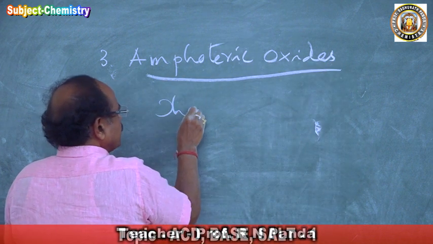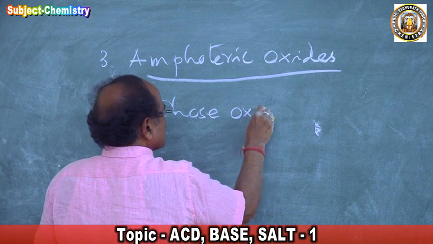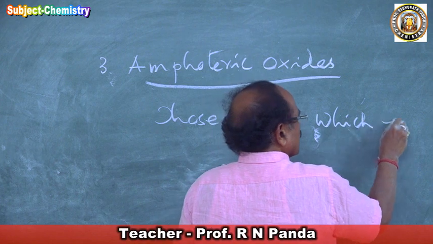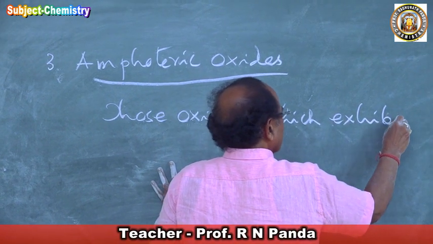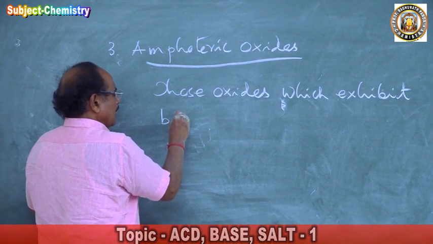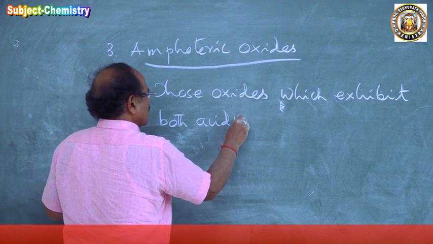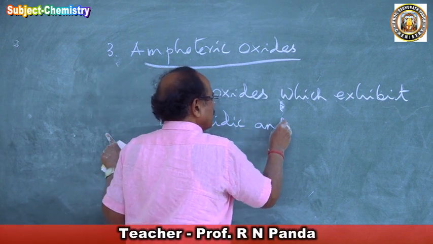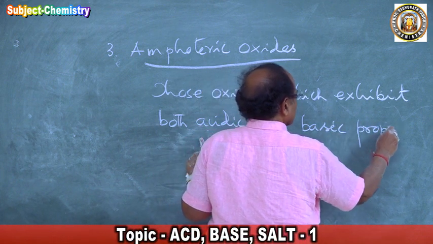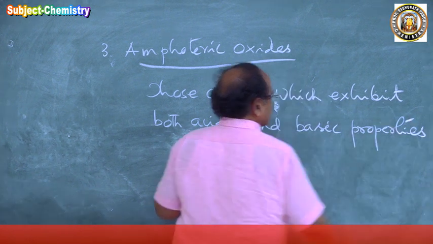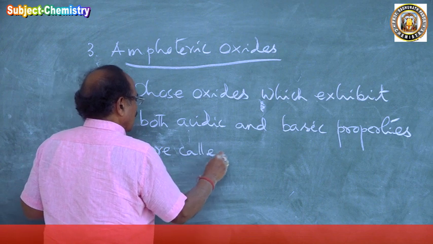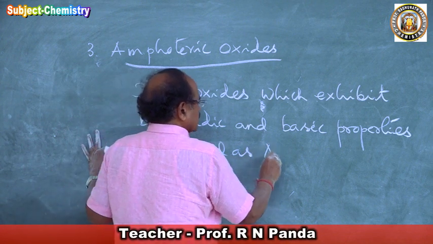Those oxides which exhibit both acidic and basic properties are called amphoteric oxides.